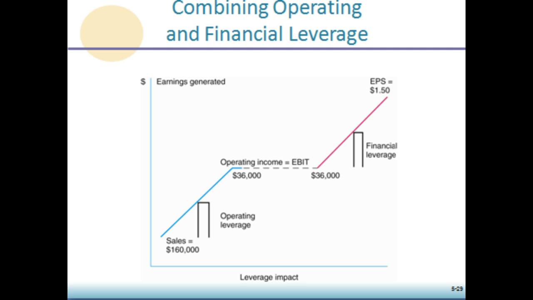It's good to note that operating income is the end result of operating leverage and the beginning factor for financial leverage in the form of earnings before interest and taxes. These relationships are further reinforced through Figure 5-5 in your text.